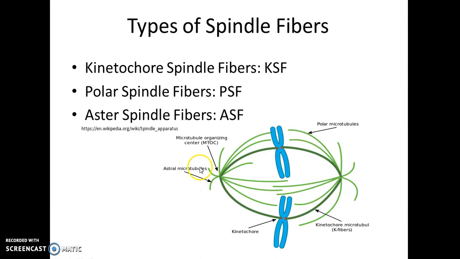The aster spindle fibers are here. They move from the centrosome to the cell membrane, and they also act as an anchor to the centrosome. So we have two anchors. We have the polar spindle fibers and the aster spindle fibers as anchors, and the kinetochore spindle fibers will move the chromosomes around.